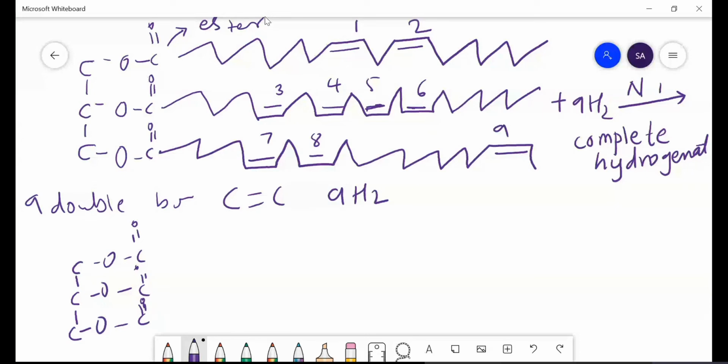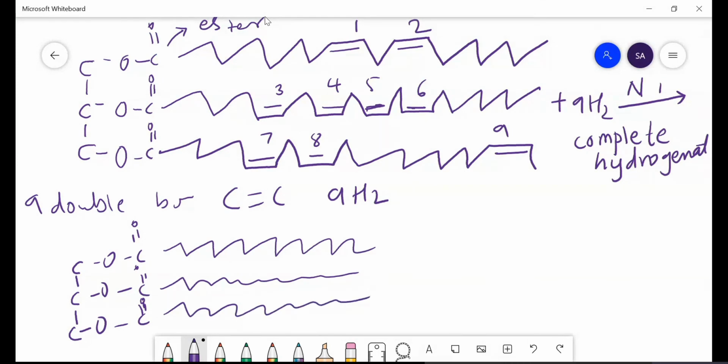A polyunsaturated triacyl glycerol is going to get converted. So what is happening in complete hydrogenation? All the double bonds have been converted into single bonds. So that means a polyunsaturated triacyl glycerol is converted into a saturated fat.